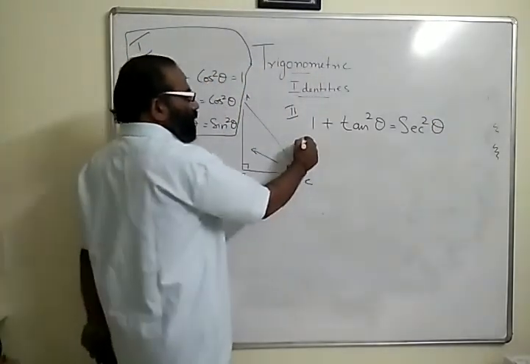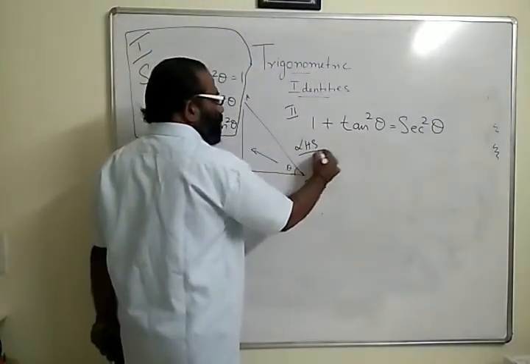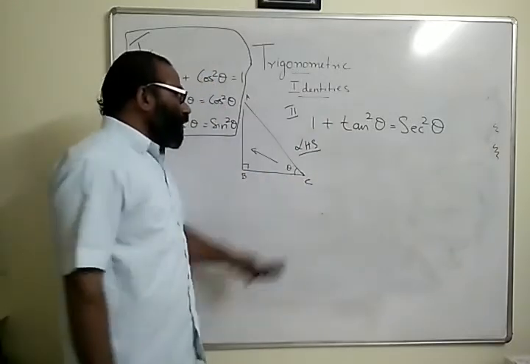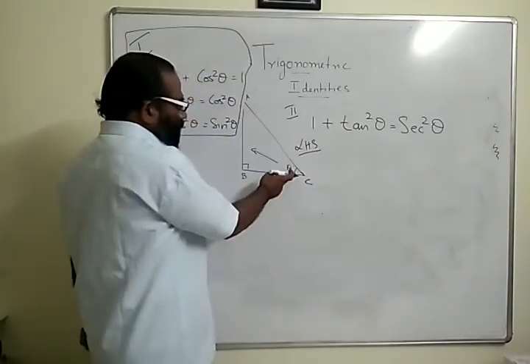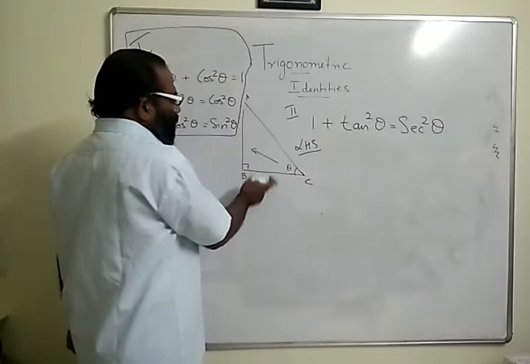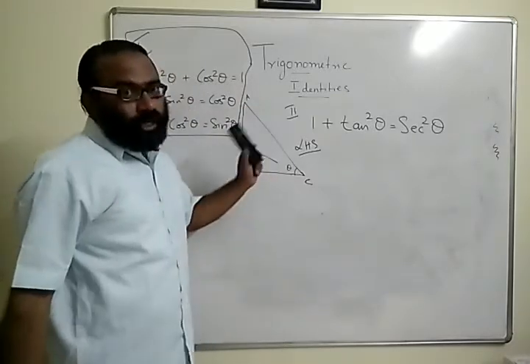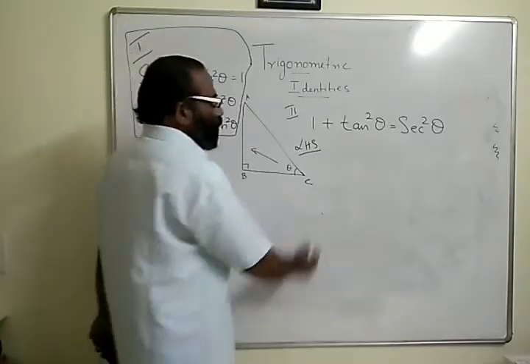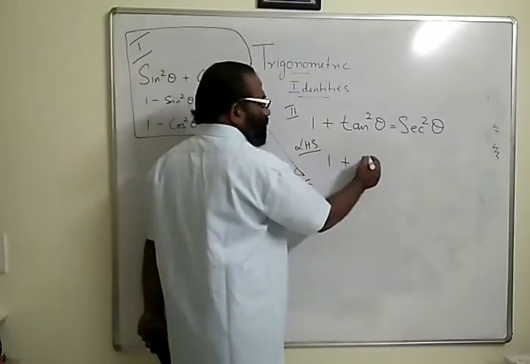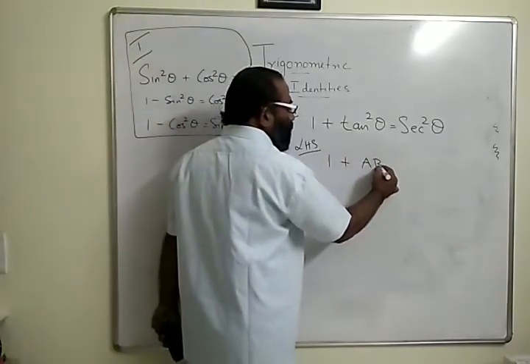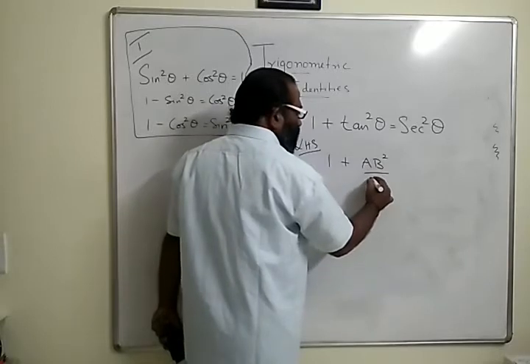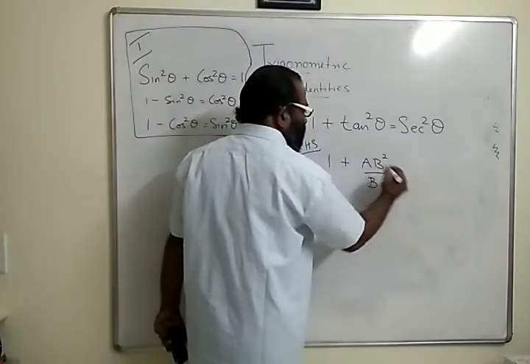Now let's take the left hand side and try to prove this. 1 plus tan squared theta. So 1 plus, what is tan theta? Tan theta is opposite by adjacent. So opposite is AB, adjacent BC. So AB square by BC square. So 1 plus AB square by BC square.